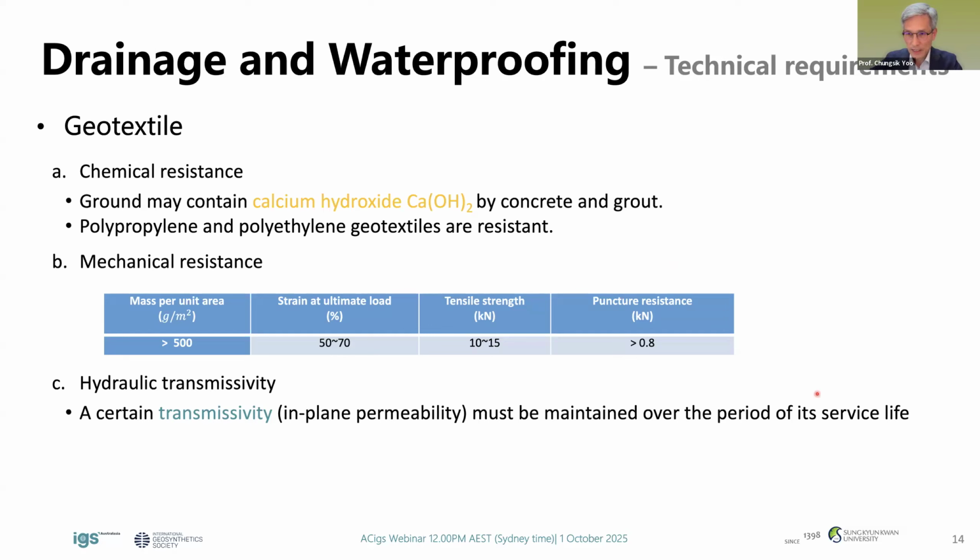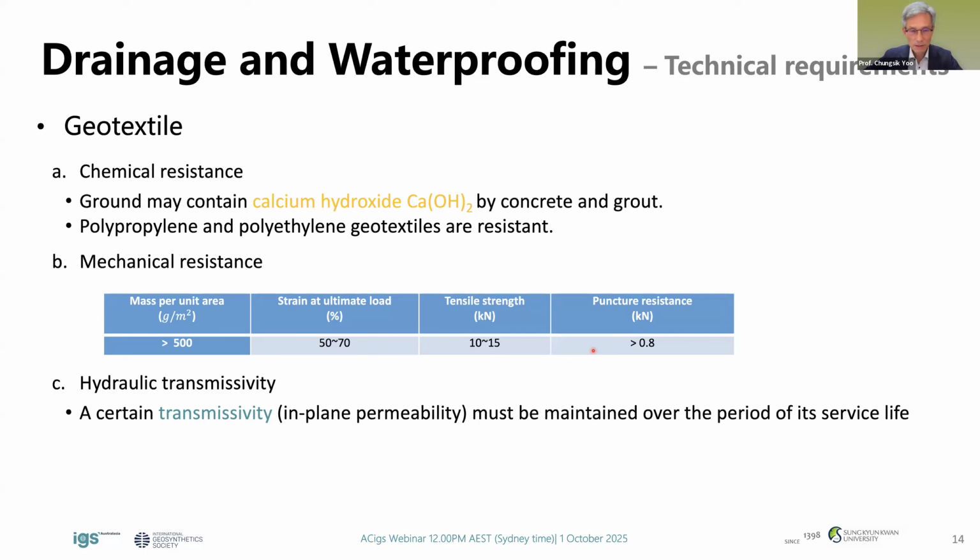In terms of mechanical performance, geotextiles should have sufficient mass per unit area, tensile strength, and puncture resistance. So you can refer these indicative values, okay? Although these numbers may vary depending on local design standards and project specifications.